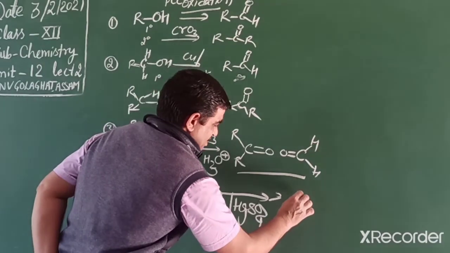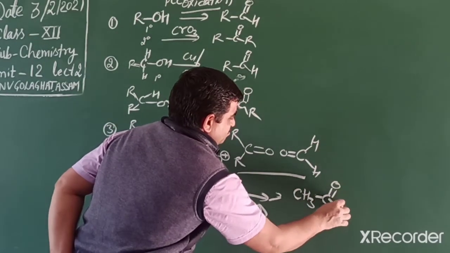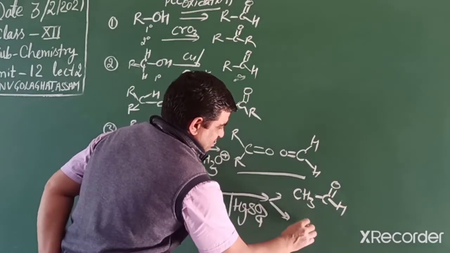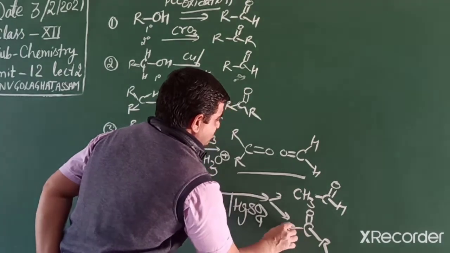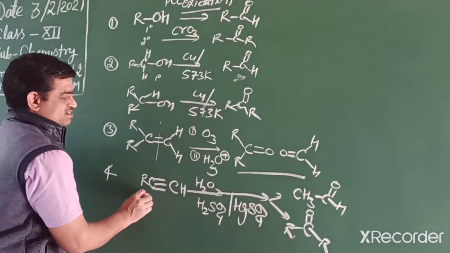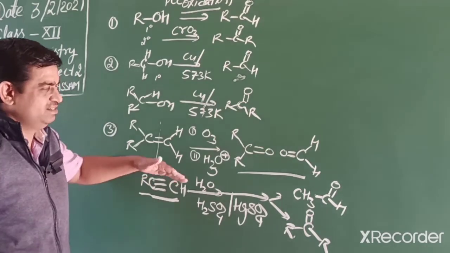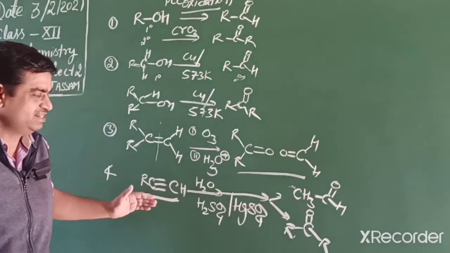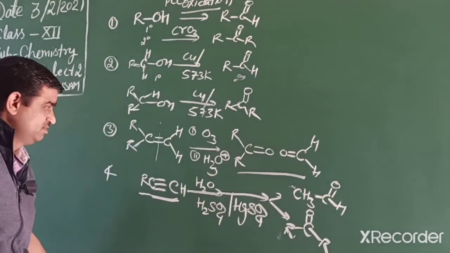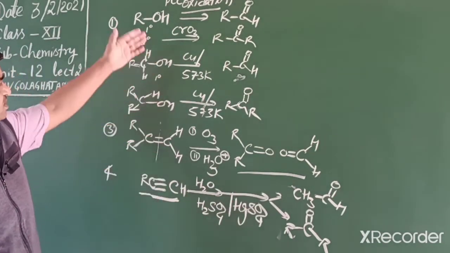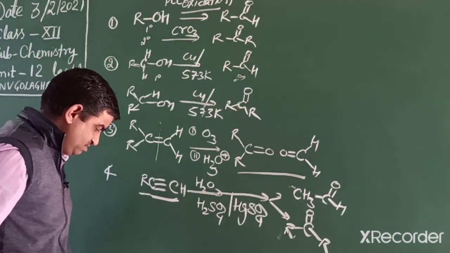If it is ethyne, then it converts into ethanal, meaning aldehyde, otherwise it converts into a ketone. It depends on the structure of the alkyne. So by these reactions we can prepare both aldehyde and ketones.